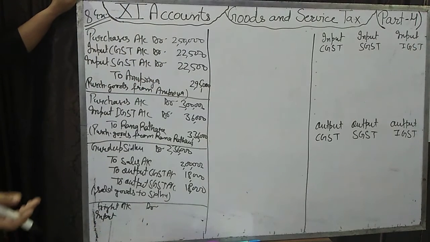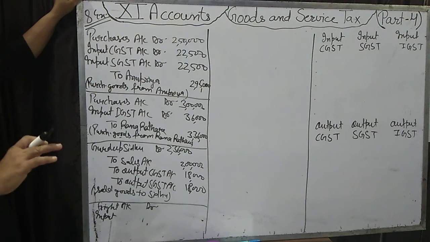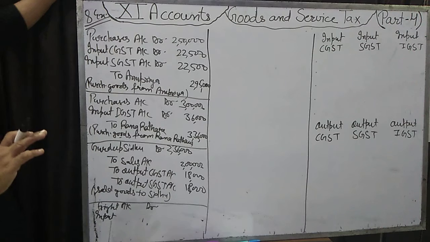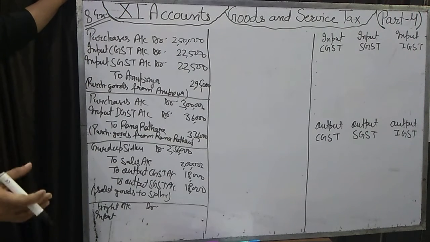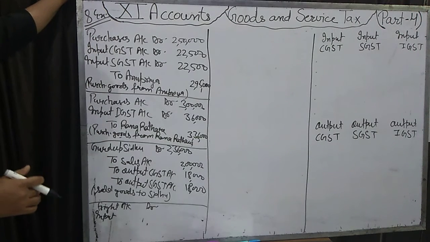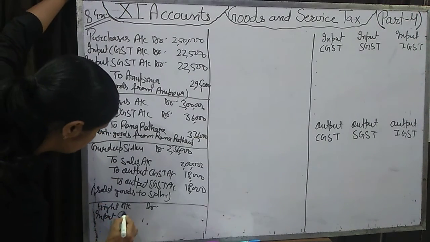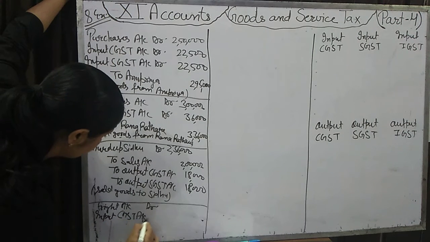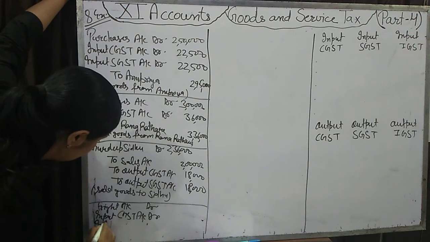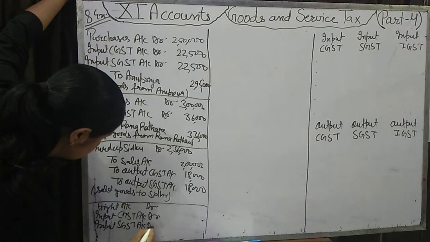Nothing is given, then it's the same state. If nothing is given about the state, then you will charge CGST and SGST. Input CGST account debit, input SGST account debit to cash.